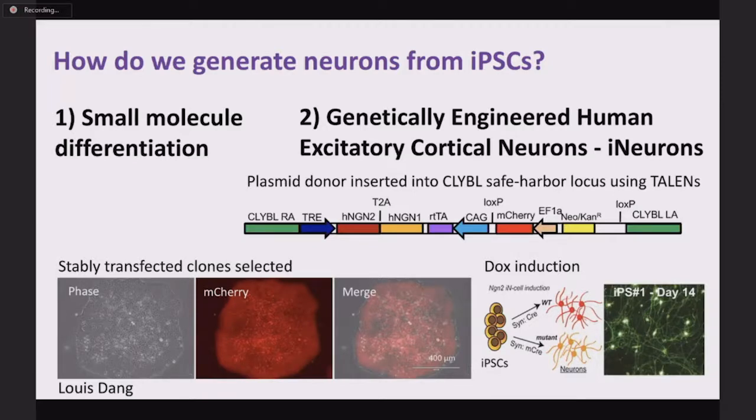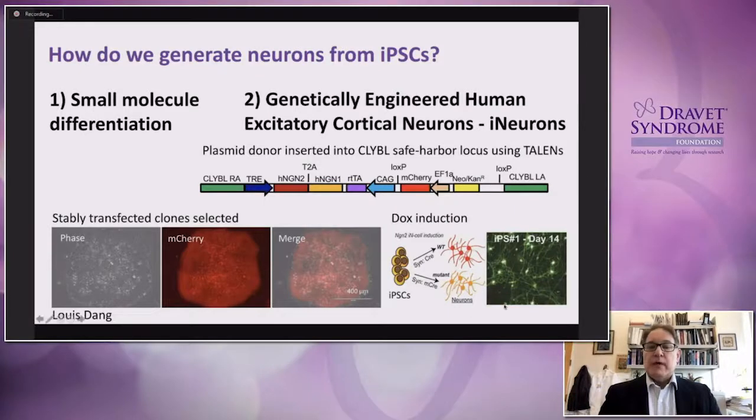So it's very homogeneous, and they mature very quickly. The genetic engineering uses a drug, doxycycline, to turn on the program for them to differentiate into neurons. So you time them to get it all at the same time, synchronized.